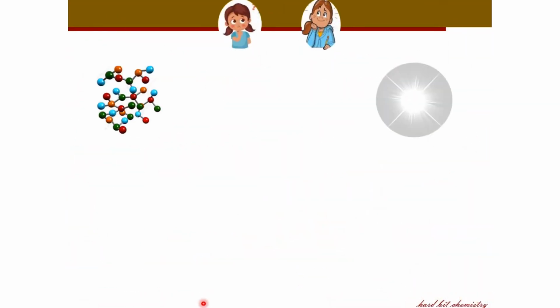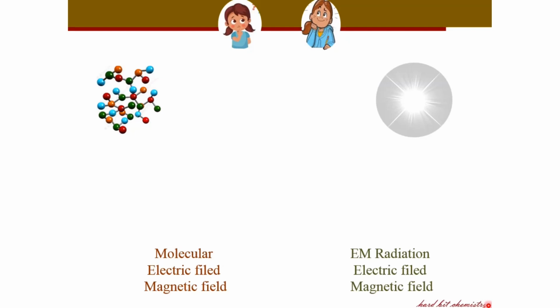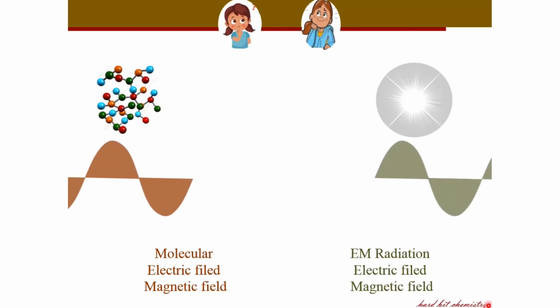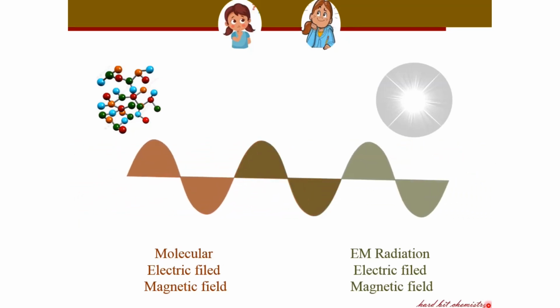So here you've got a molecule on one hand and light on the other hand. If somehow it is possible to generate molecular electric field or magnetic field, that is, electric field associated with the molecule and magnetic field associated with the molecule, and we know electromagnetic radiation too consists of those two components, and when the electric or magnetic field component of the molecule overlaps with the respective electric or magnetic field component of the electromagnetic radiation, the molecule can now absorb this particular component of electromagnetic radiation to give rise to spectrum.